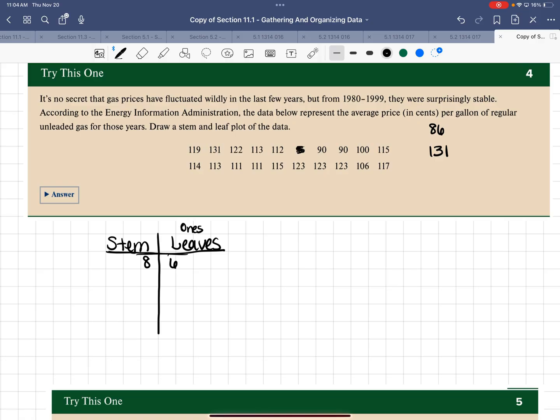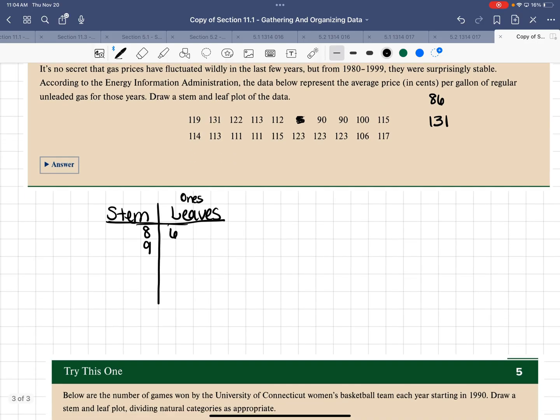I'm actually going to scratch it out. How many 90s do I have? 2. So I'm going to put the 9 over here in the stem. But now I have 2 90s, so I'm literally going to put 2 zeros down. That tells me this represents 90 and 90. This top one tells me, okay, this is 86.